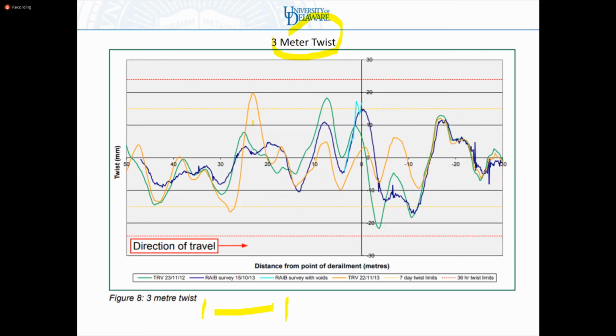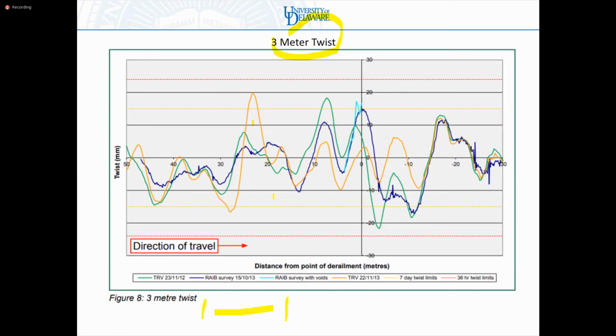And you can see this was the twist measurement channel from the geometry car, and you can see it comes close to the standards. So you can see over here, for example, the green represents a track geometry vehicle run done in November 2012.